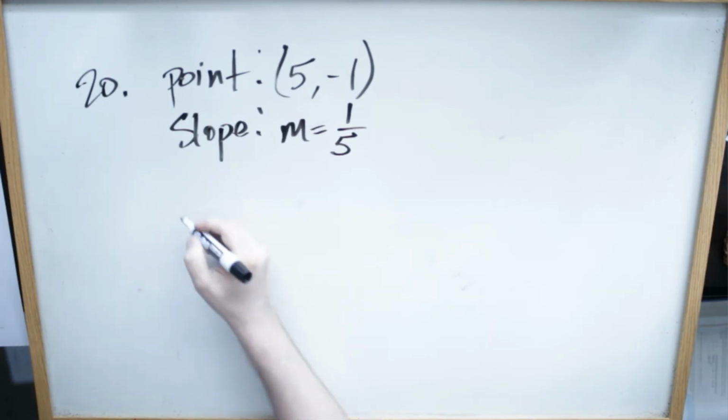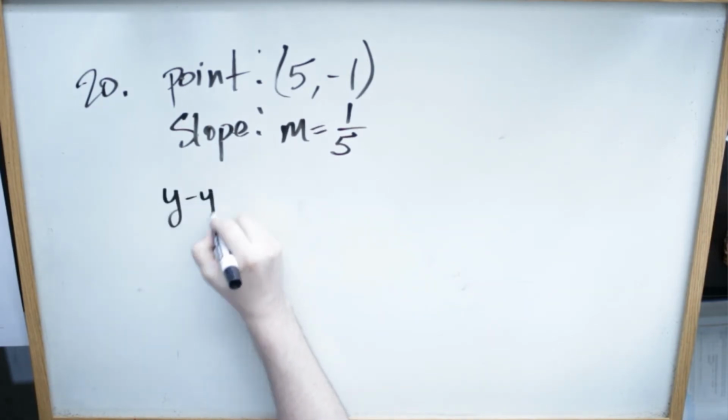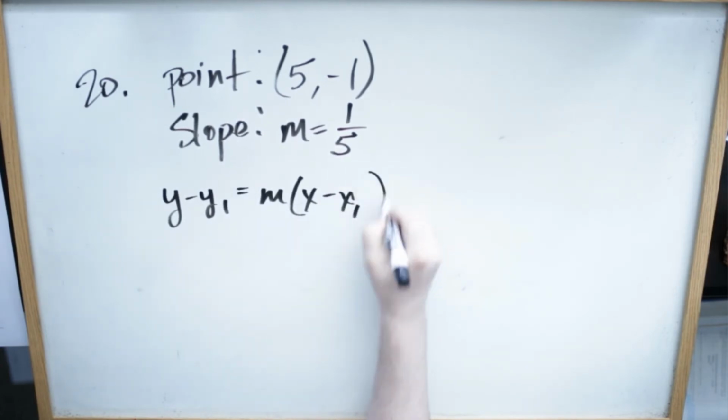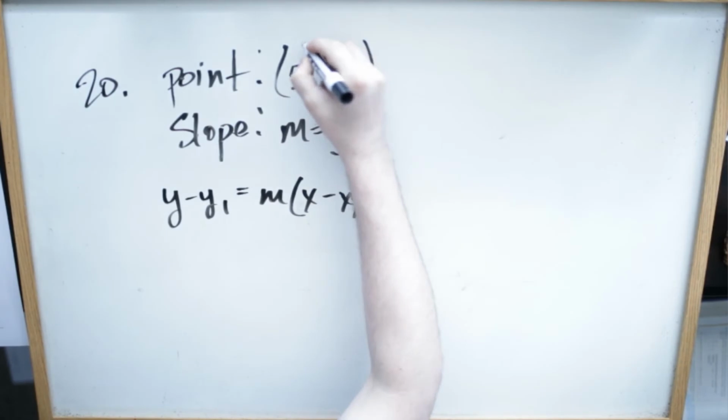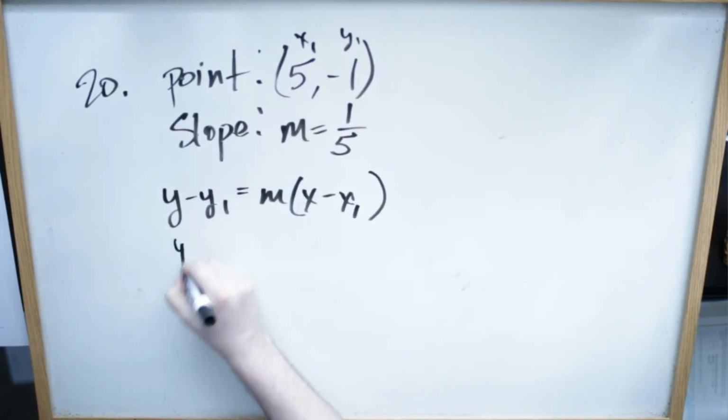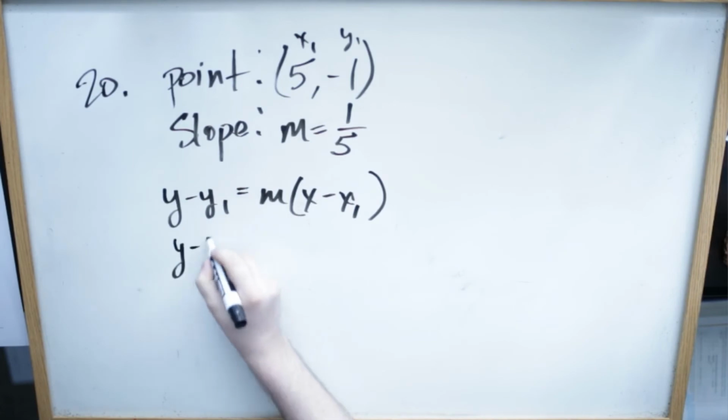All right, so let's write our equation out. y minus y1 is equal to m times (x minus x1). All right, let's label the values of those points x1, y1. So y minus y1, which is minus 1.